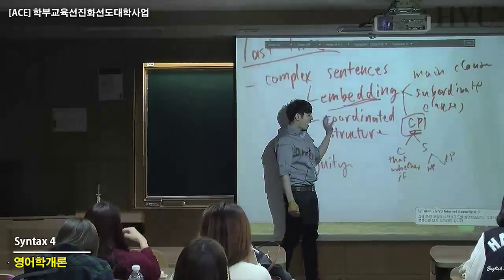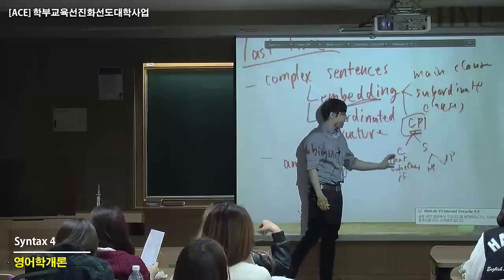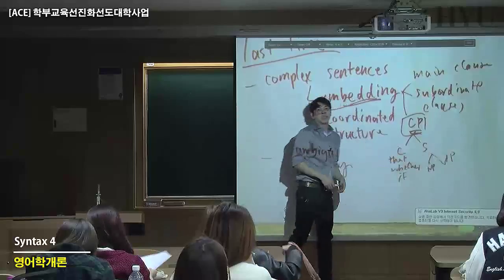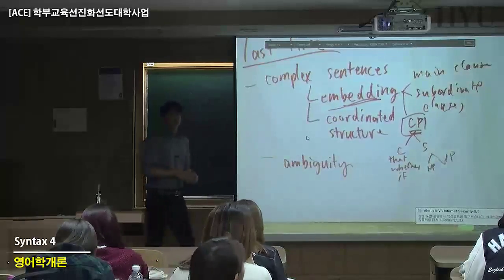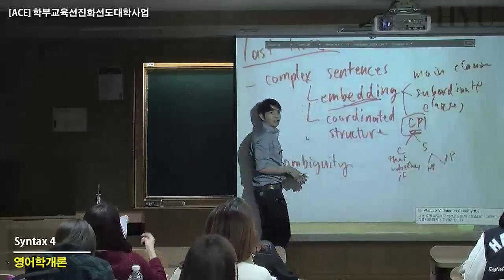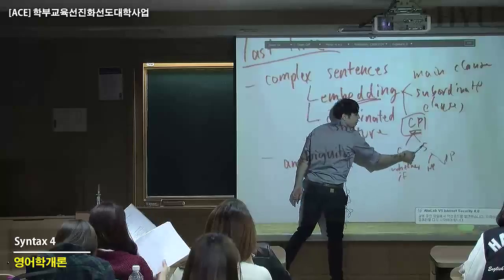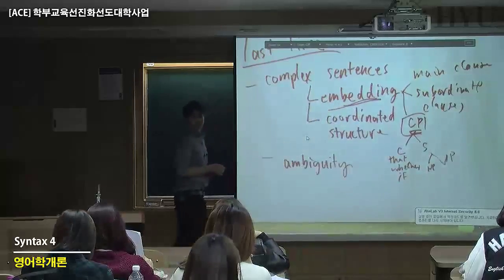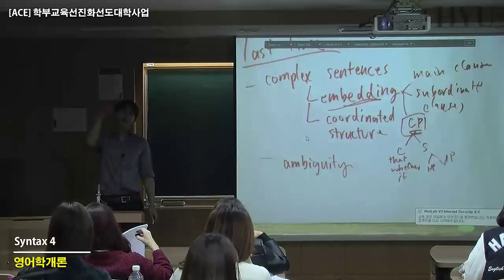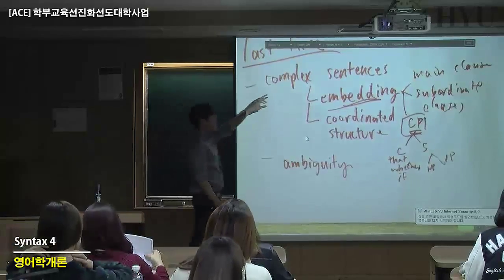For example, I wonder if, she asks if they will be, and so on. So in this case, the C, the complementizer, joins one main clause and one subordinate clause, and the CP is hooked up with the VP. So that's what we talked about last time.